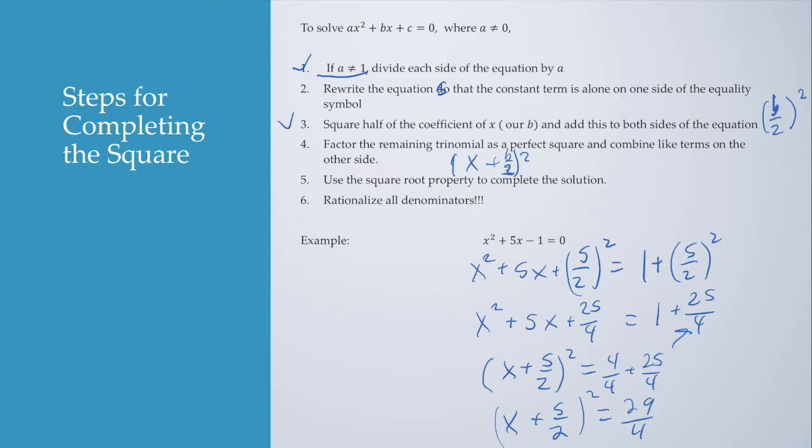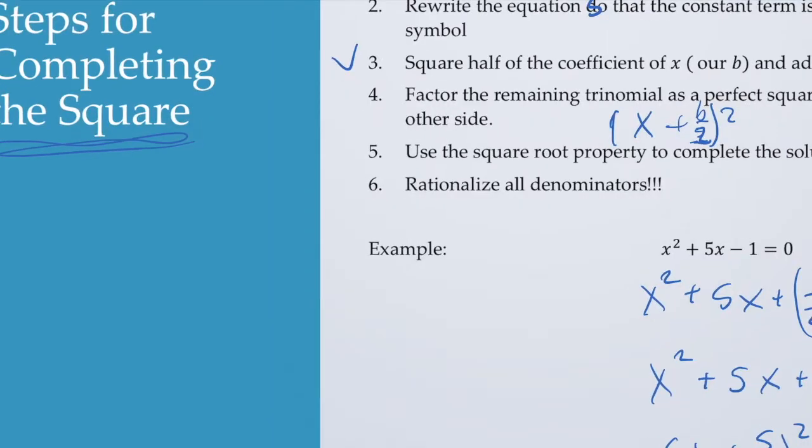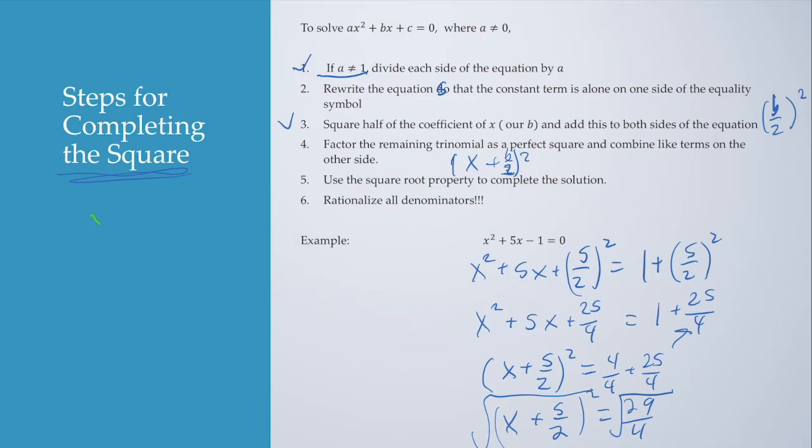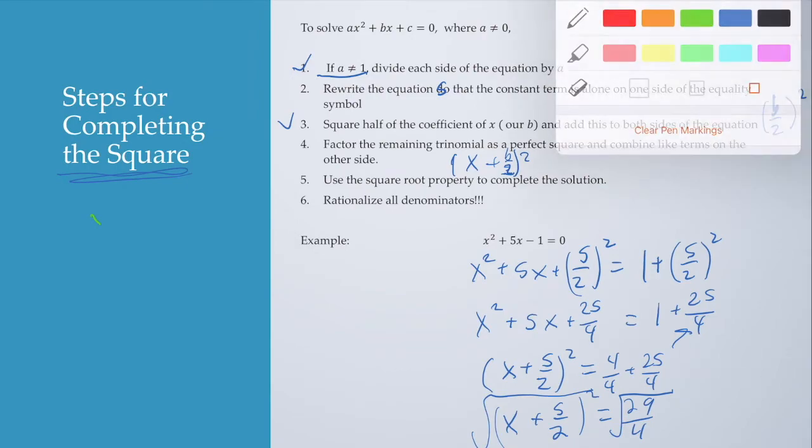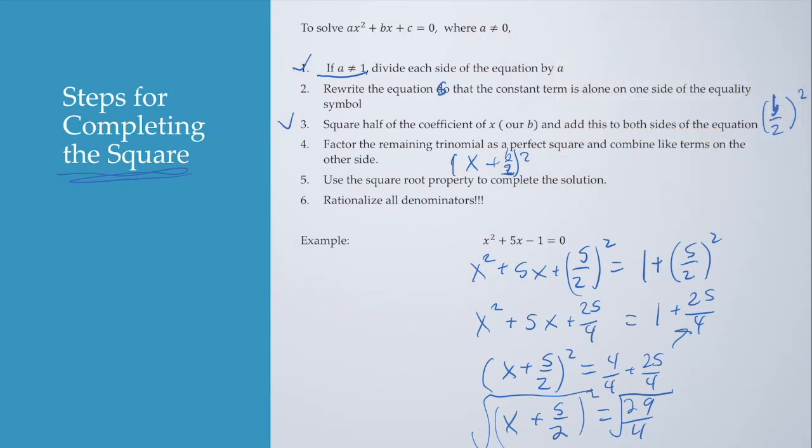I solve this by taking the square root of both sides. That gives me x plus 5/2 is plus or minus the square root of 29 over the square root of 4, which is 2.